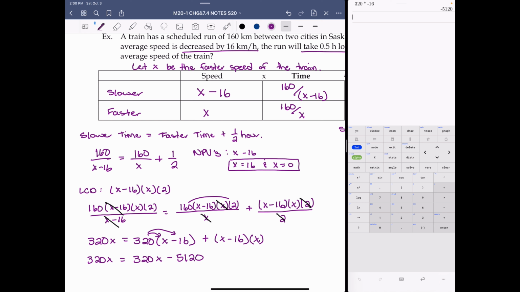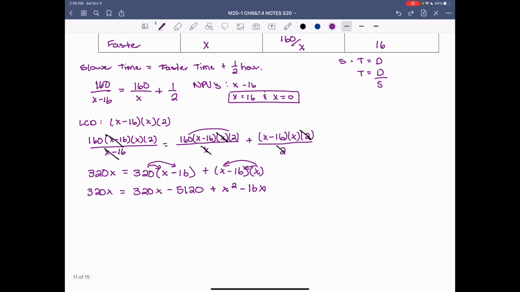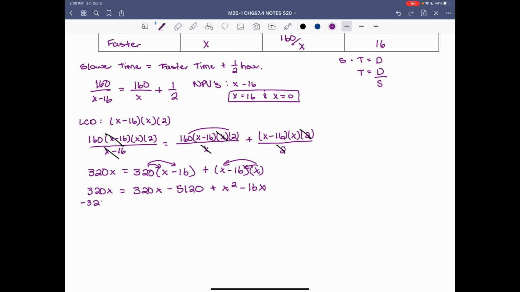And then we want to multiply the x into this set of brackets, plus x squared minus 16x. Let's subtract 320x from both sides. This is 0 and this is 0. So we have 0 equals, let's write it in standard form, x squared minus 16x minus 5120.